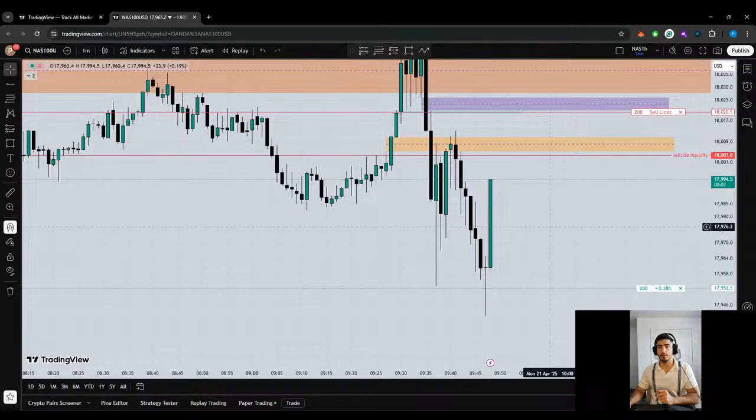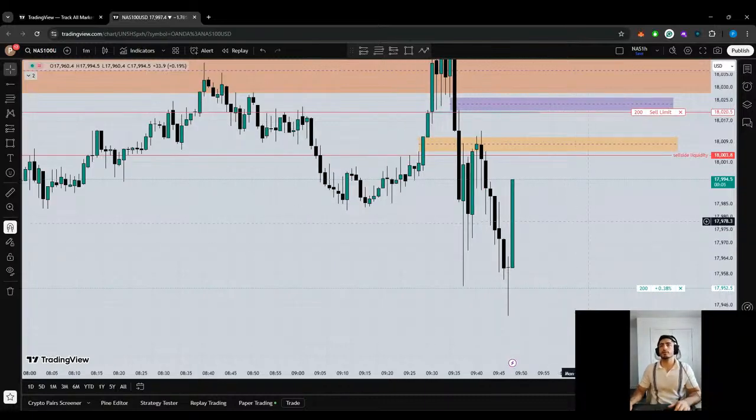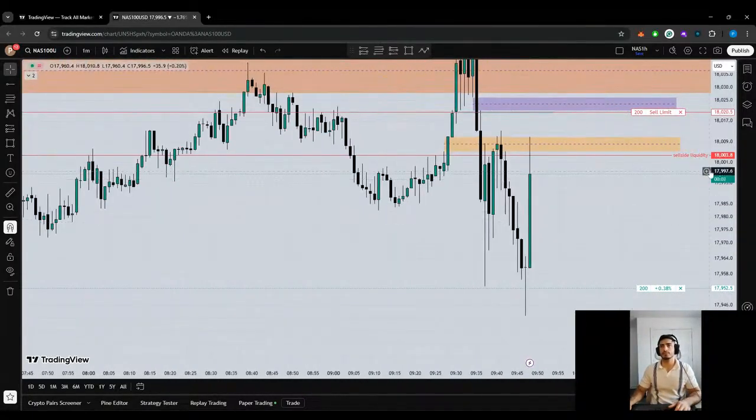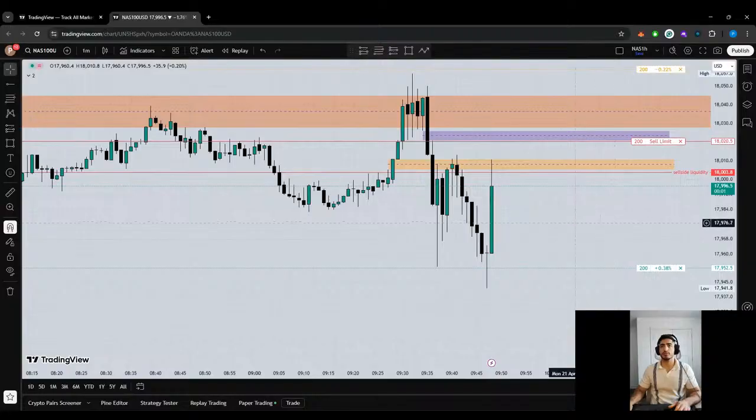Look at this, all the way up, and you see, fast move up. Let's see what we got. Wow, it's wicking. That was a nice 40-point move in a couple of seconds.